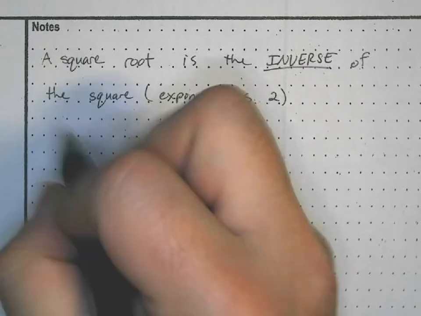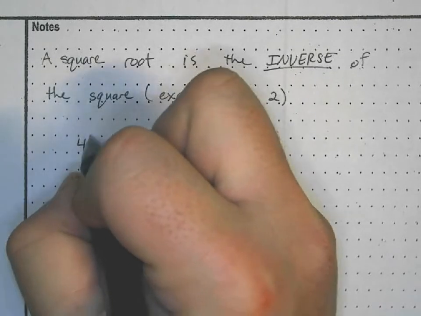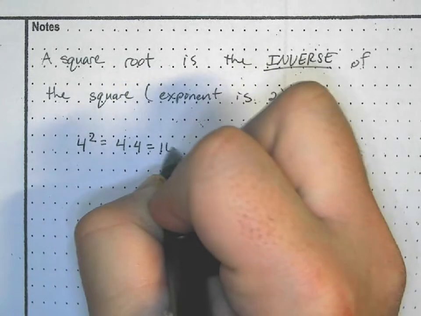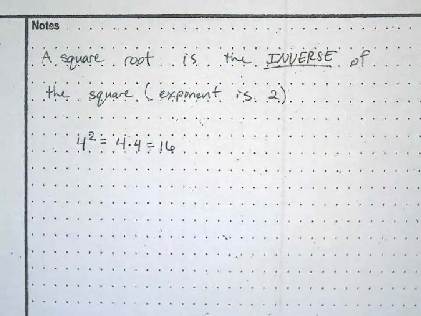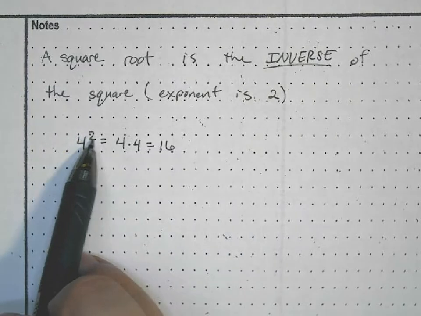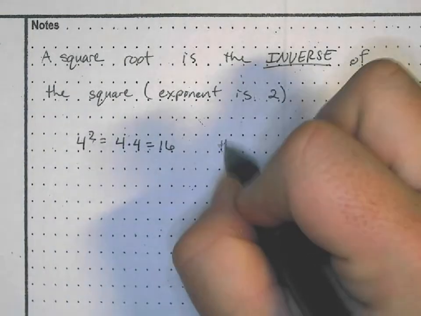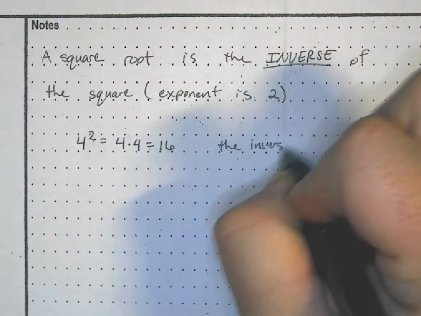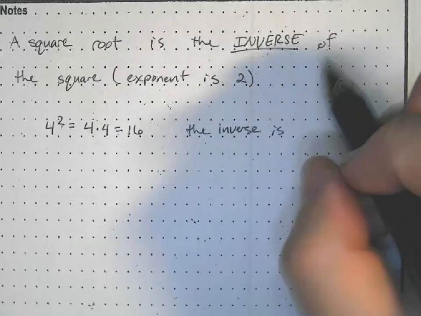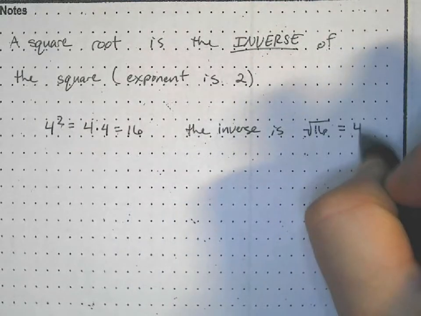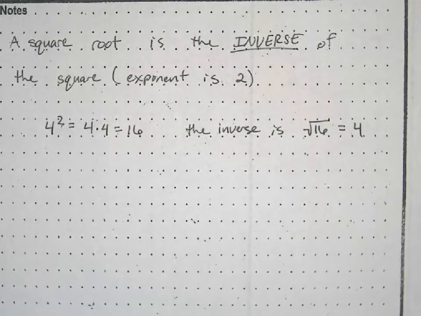So for example, if I know that 4 to the second power is 4 times 4, I know that equals 16. But what's the inverse of this exponent of 2? Well, the inverse is the square root of 16 equals 4. So it's the thing that lets us go backwards.